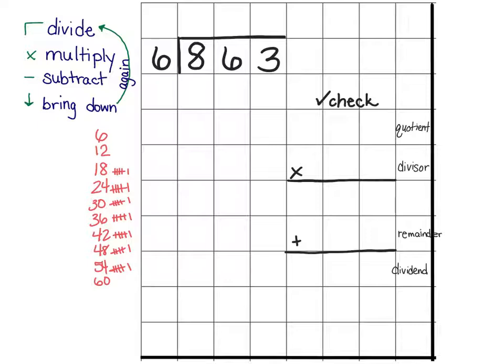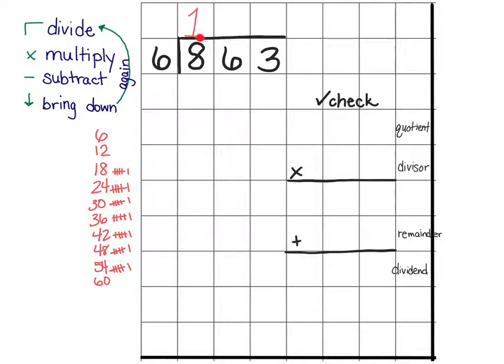All right, starting off, 8. If we have 8, can we divide it into a group of 6? Yes, we can. There will be one group of 6 in 8. So above it, we're going to write 1. After we have divided, now we will multiply.